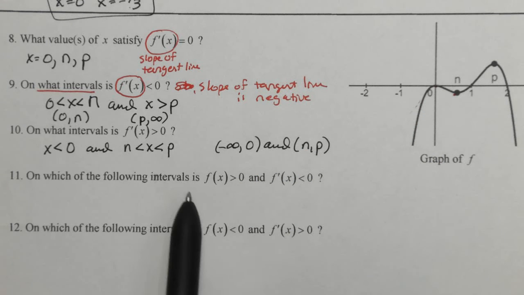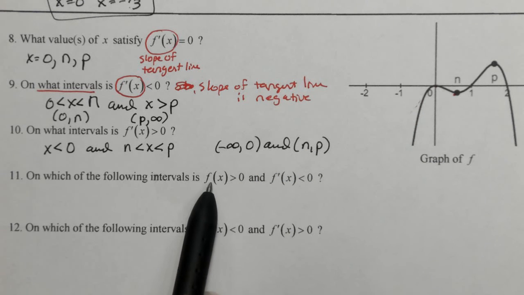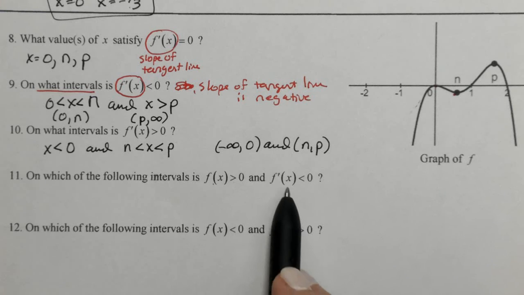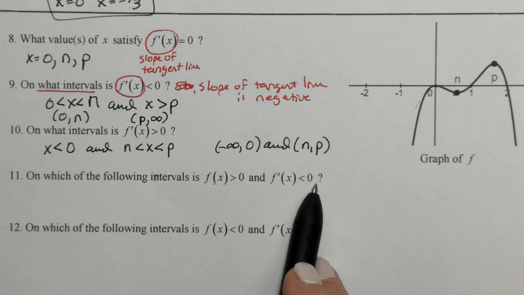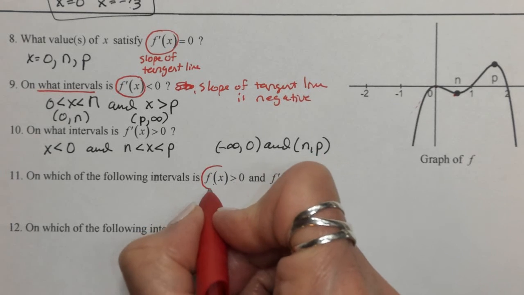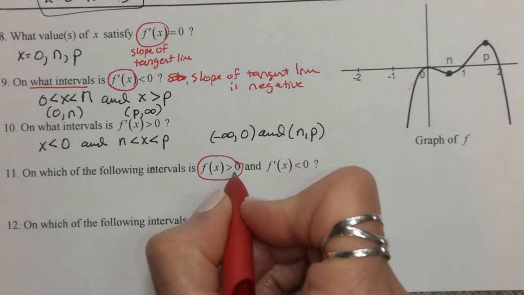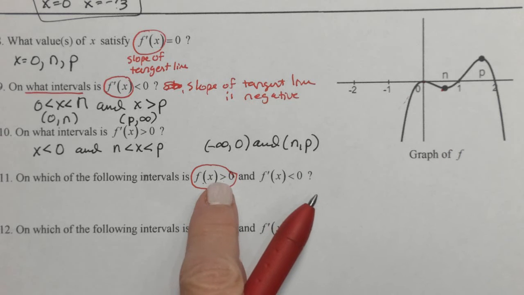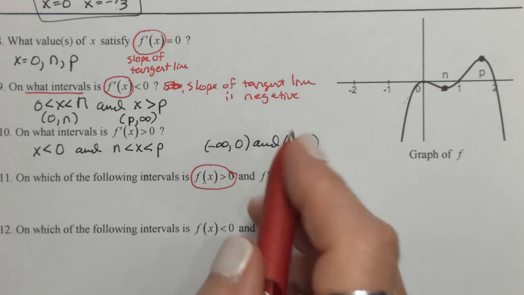Okay. On which of the following intervals is f greater than 0 and f prime less than 0? Well, f is greater than 0 when the curve that I'm looking at is above the x-axis.